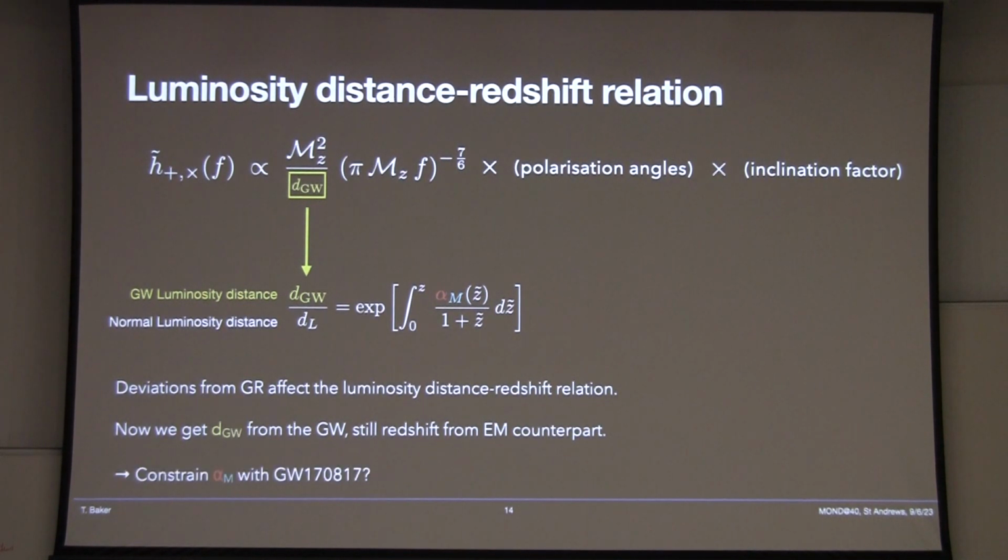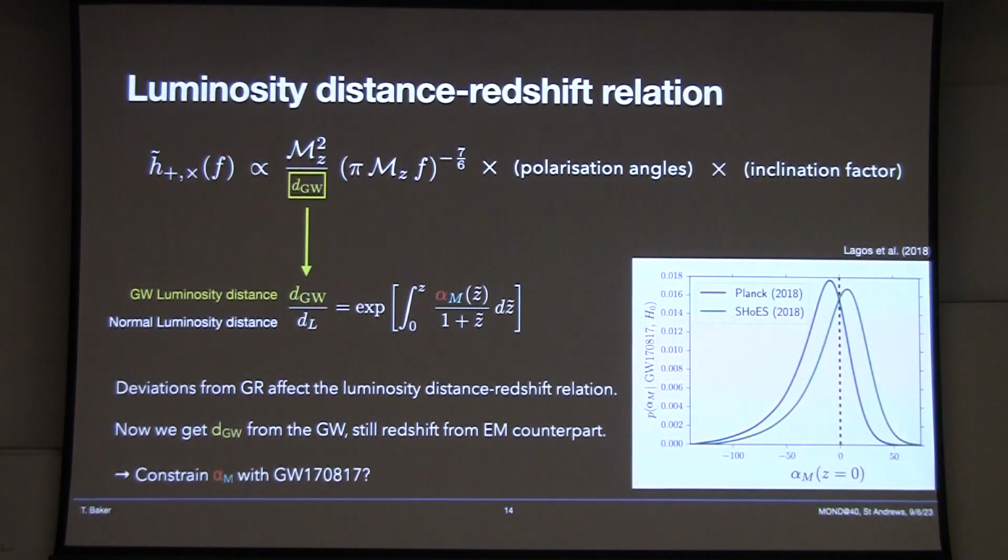Well, we've only got one event so far that has a confirmed EM counterpart, and therefore a confirmed redshift, so let's try that. So what are the constraints from 1708-17, the standard siren? Well, here they are. What you're seeing here is a posterior on this alpha m parameter. And actually, remember, that's a function of redshift.